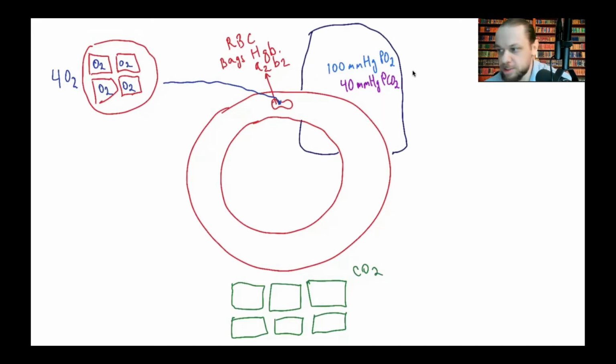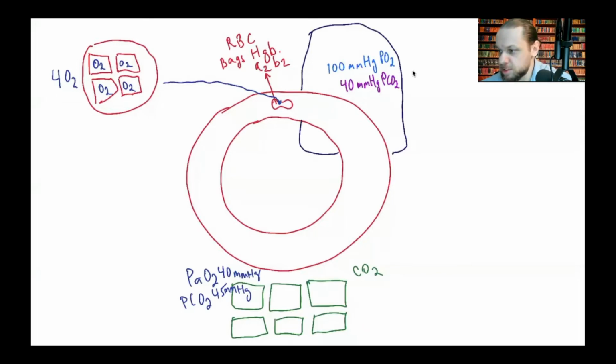So the way this is going to work is as follows. In the cells here that I drew, the oxygen and CO2 concentrations are different as opposed to in your lungs. So in your cells, the PaO2 is about 40 millimeters of mercury, and PCO2 is about 45.